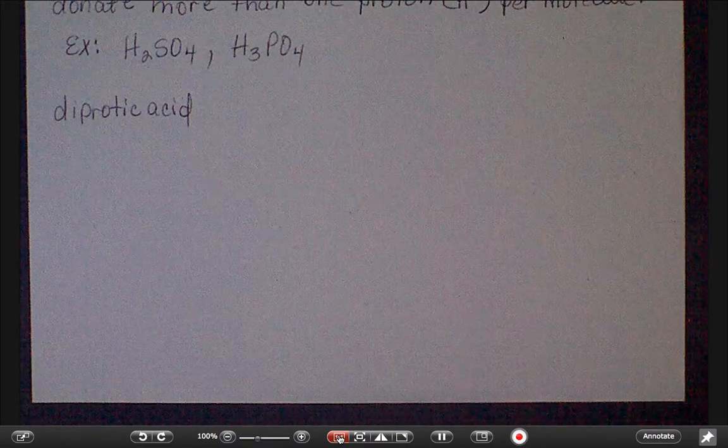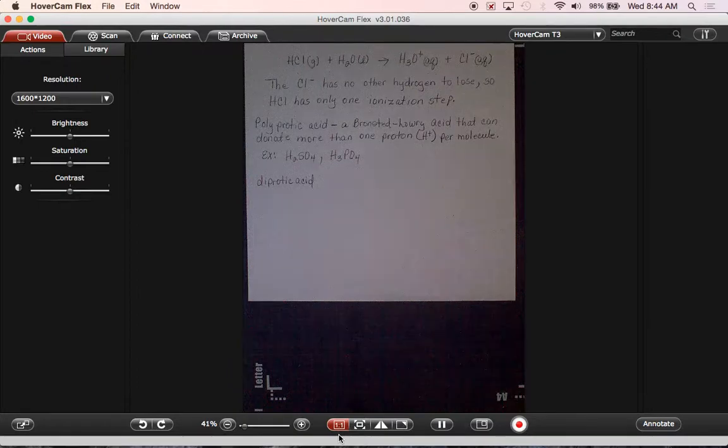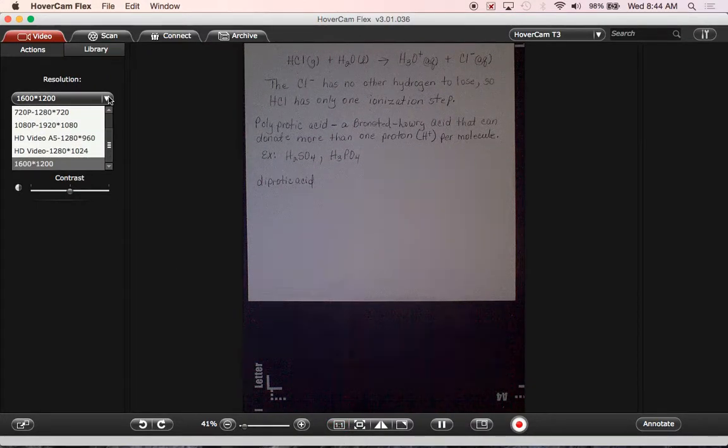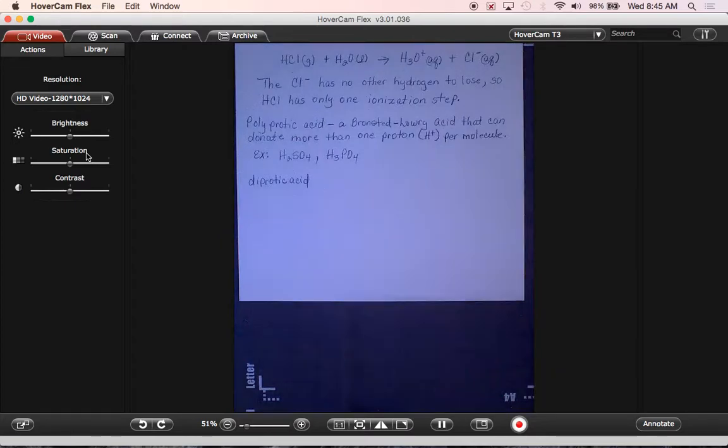For some reason, this is bugging me. Does that look as clear as it usually does? Because it's foggy. Does that look better?